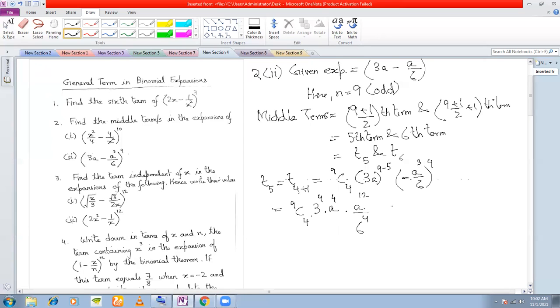Okay. So this is 9C4 into a to the power of, this is 12 plus 4, 16. You add the powers of a. Okay.